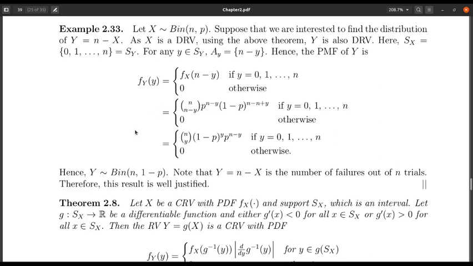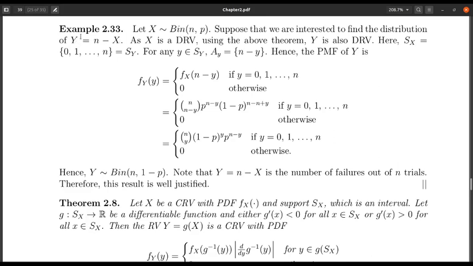First, before going into the mathematics, notice what Y is. X is nothing but the number of successes out of n trials. Y is the number of trials minus the number of successes. So clearly Y is the number of failures.